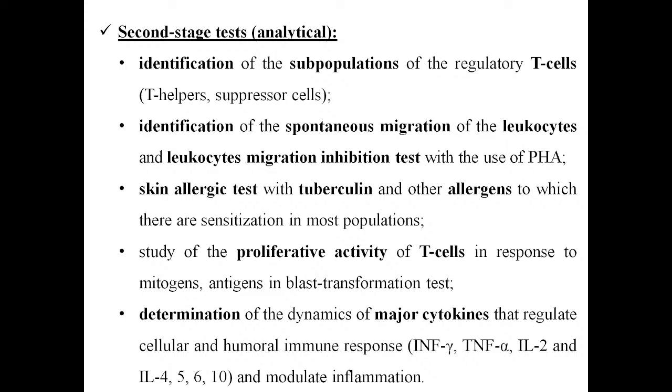Then study of the proliferative activity of T cells in response to mitogens, antigens in blood transformation. Proliferative activity means ability of T cells to proliferate into T helpers, T killers, because T cells may be present in normal amount in the bloodstream, but they are not able to proliferate, so they are not active.